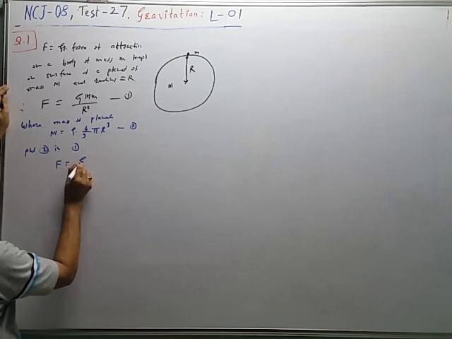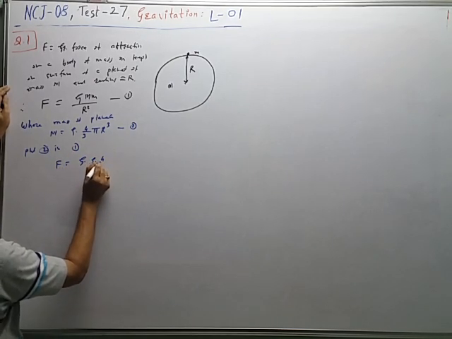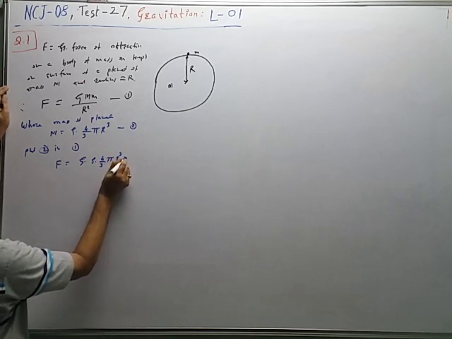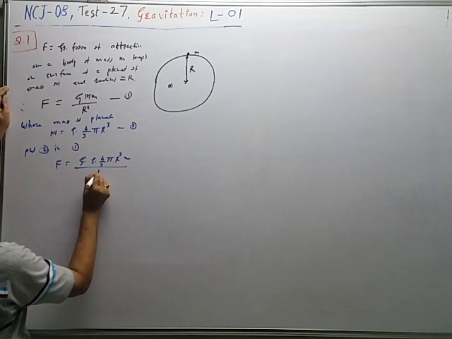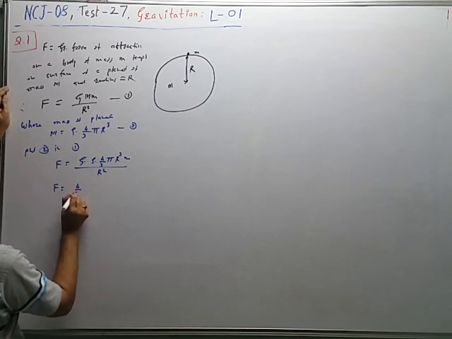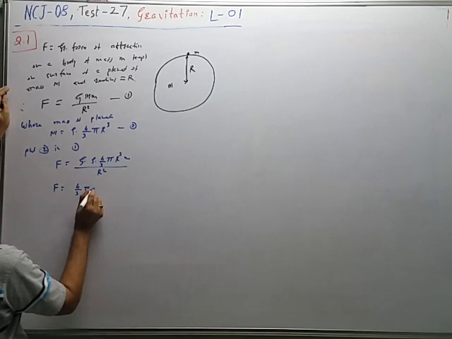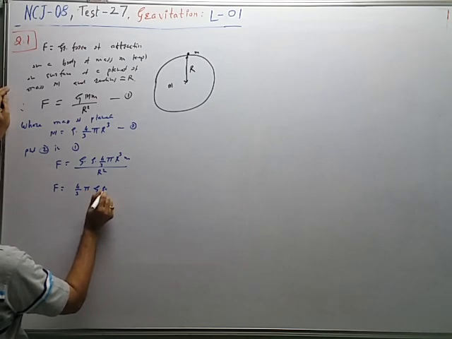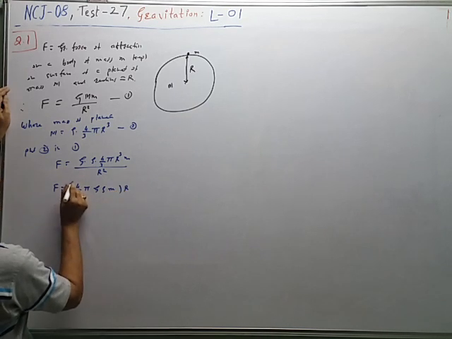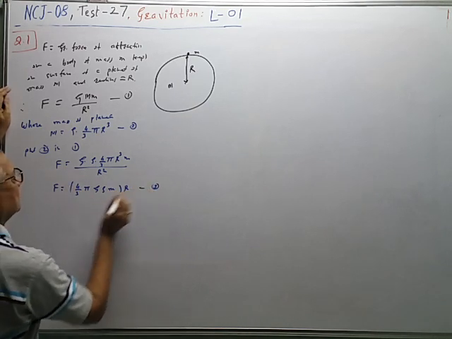Therefore, F is equal to G rho 4/3 pi R cube m upon R square, and therefore F is equal to 4/3 pi G rho m R. This is equation 3.